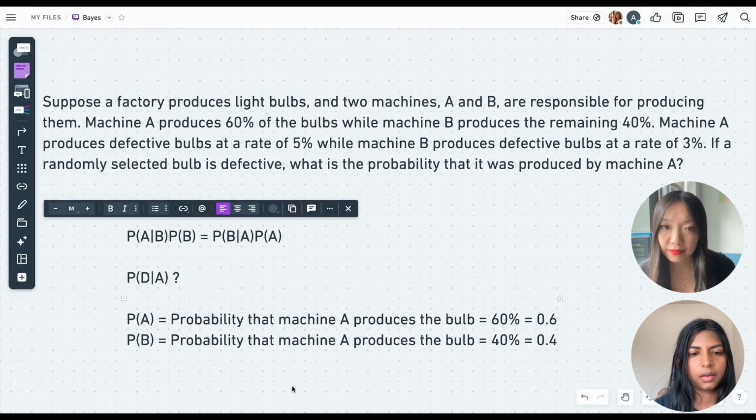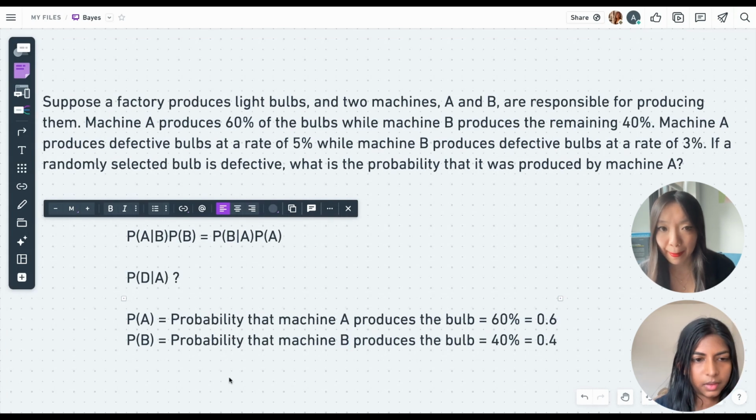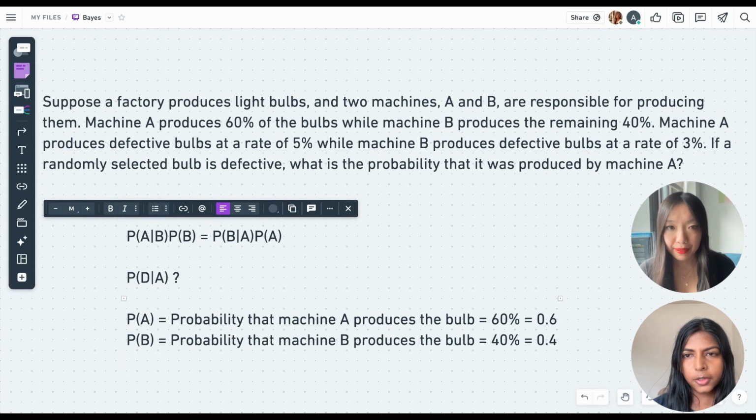Yeah. Oh, sorry. Yes. And then we know that machine A produces defective bulbs at a rate of 5%, while machine B produces defective bulbs at a rate of 3%.